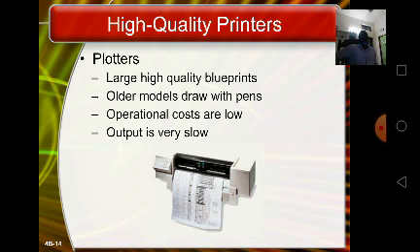The drawing arm moves side to side as paper is rolled back and forth through the roller. Working together, the arm and roller can draw perfect circles and other geometric shapes as well as lines of different weights and colors.